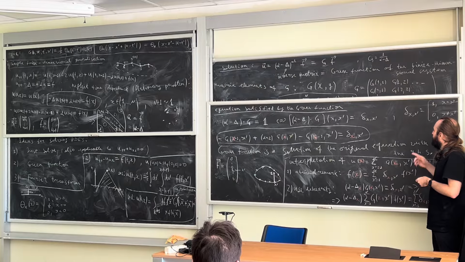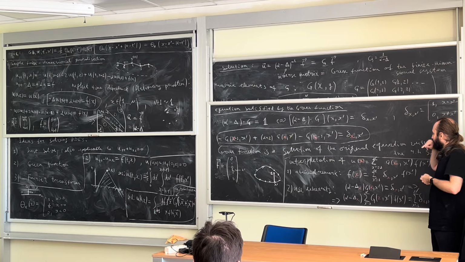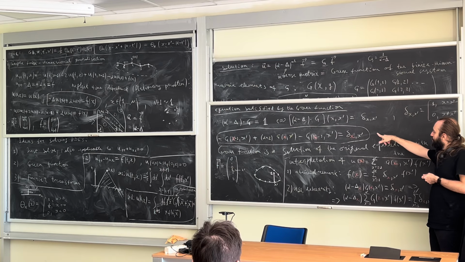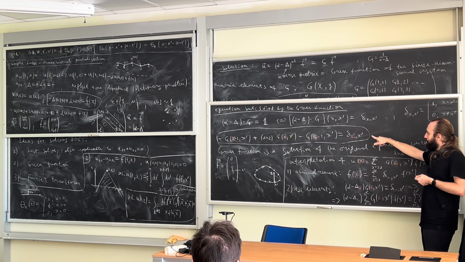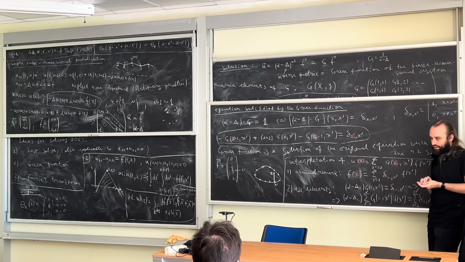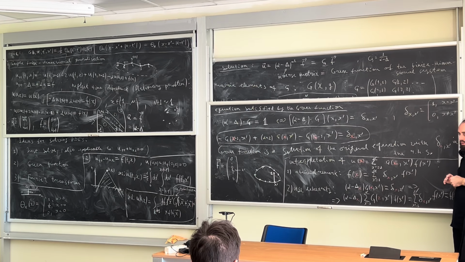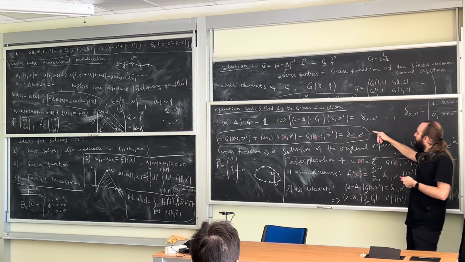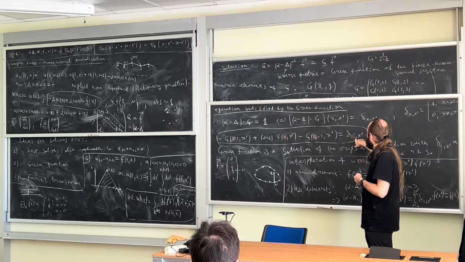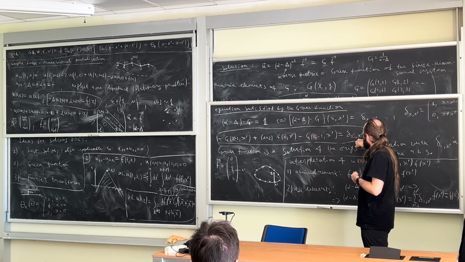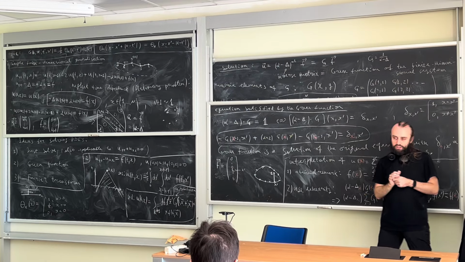So, first of all, I wanted to show that Green's function solves the same equation as before, but with a simpler right-hand side. It's like a dual equation. No, it's just the original equation, but with f of x specified to this specific function.